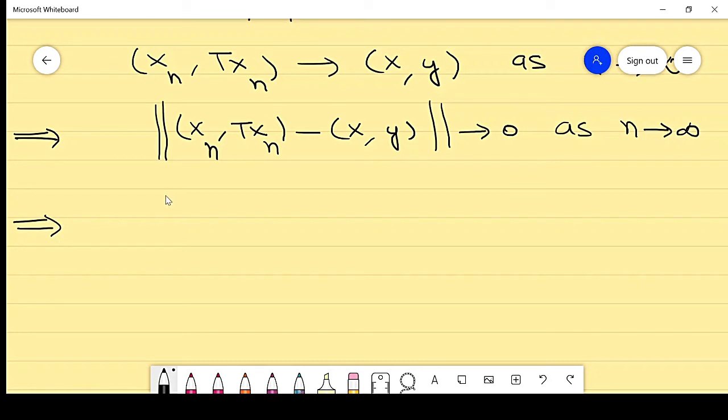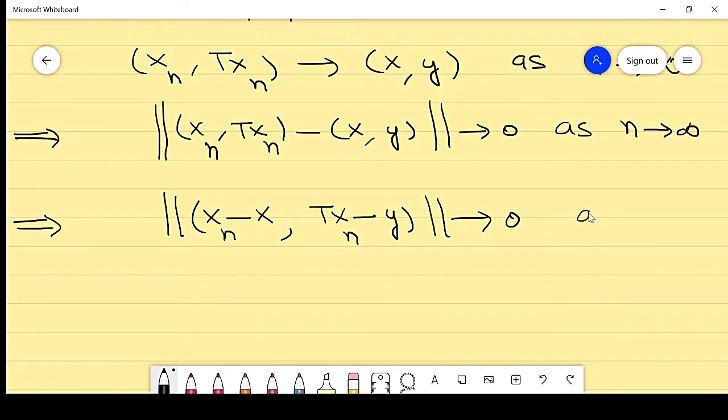So it implies the norm of (xn minus x, Txn minus y) approaches 0 as n approaches infinity.